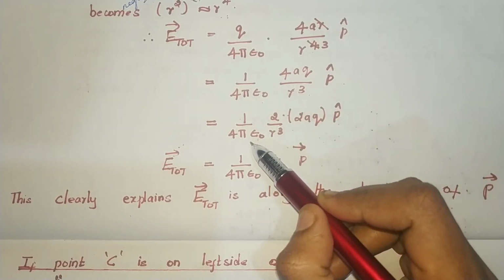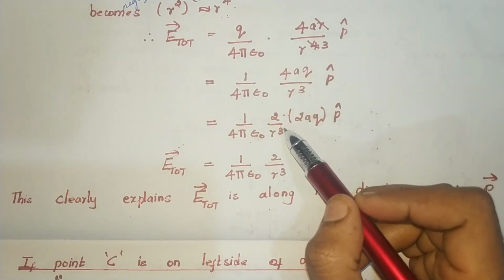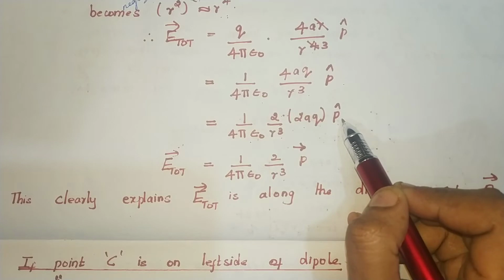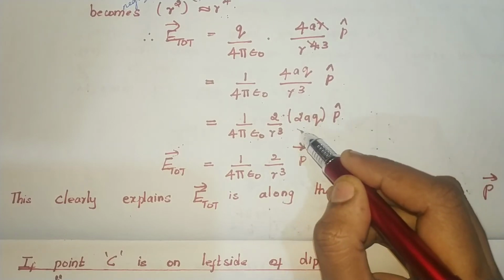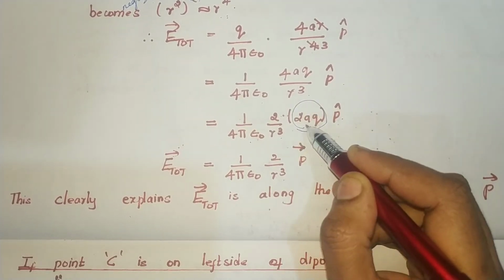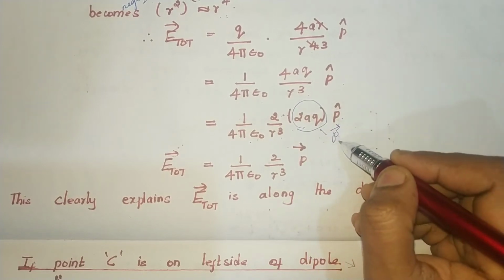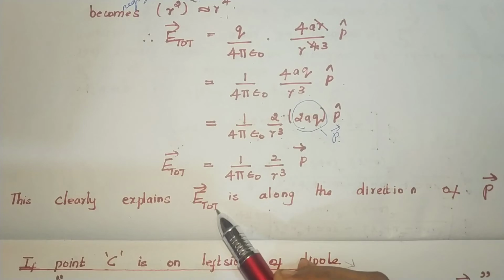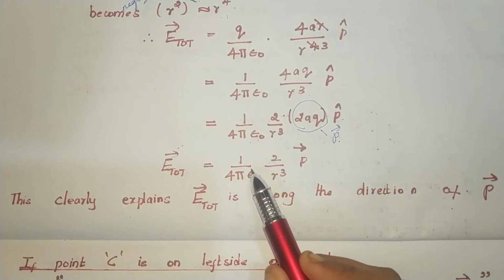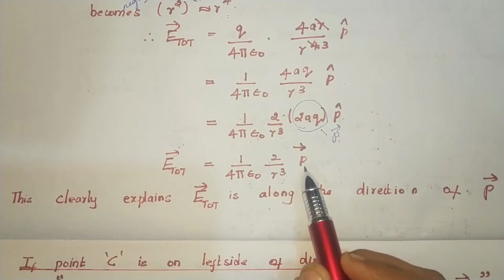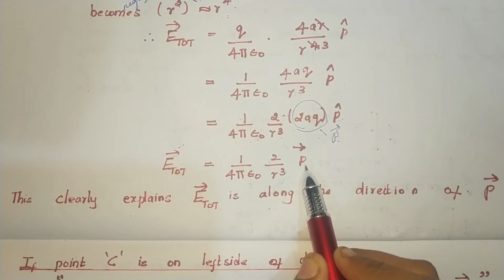Then 1 by 4 pi epsilon naught, இந்த term எப்படி எழுதுறோம்? 2 by R cube into 2AQ into P unit. The 2AQ is nothing but the electric dipole moment P vector. Previous expressionல நம்ம படிச்சிருக்கோம். அப்போ E total vector என்ன ஆகுது? 1 by 4 pi epsilon naught 2 by R cube into P vector.